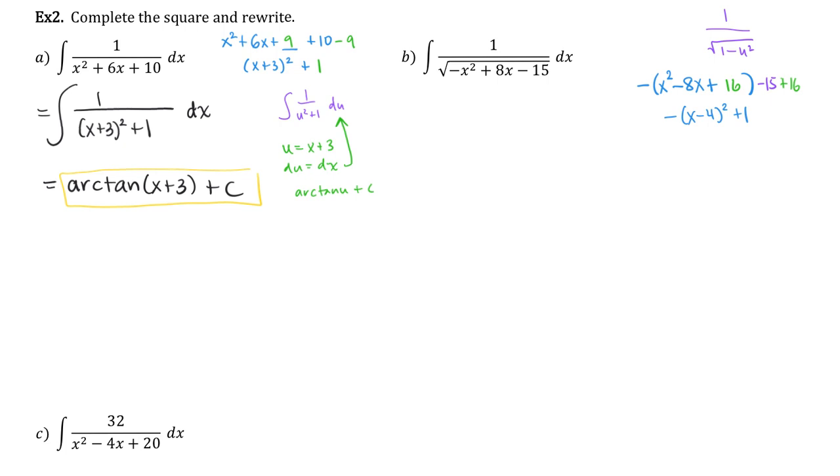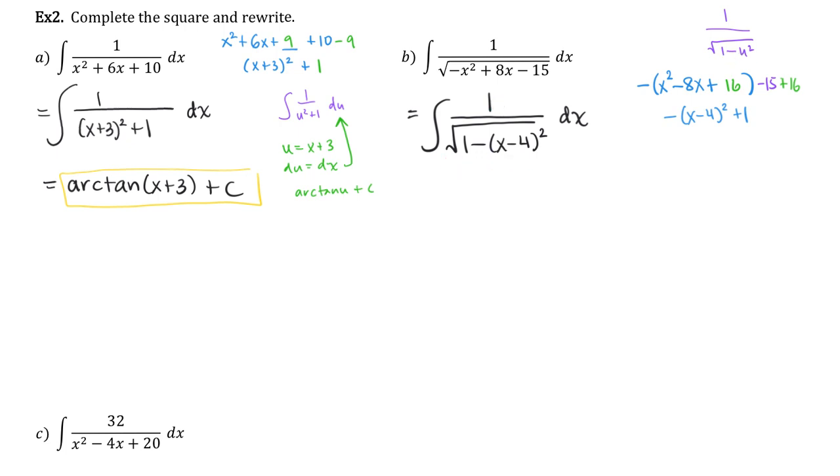Okay, now let's rewrite this. And then we're going to stare at it, and it's going to look like inverse sine. So inverse sine is normally of the form 1 minus u squared. So for this, I'm going to put the 1 first. Okay, now that it's set up like this, it looks like 1 over the square root of 1 minus u squared.